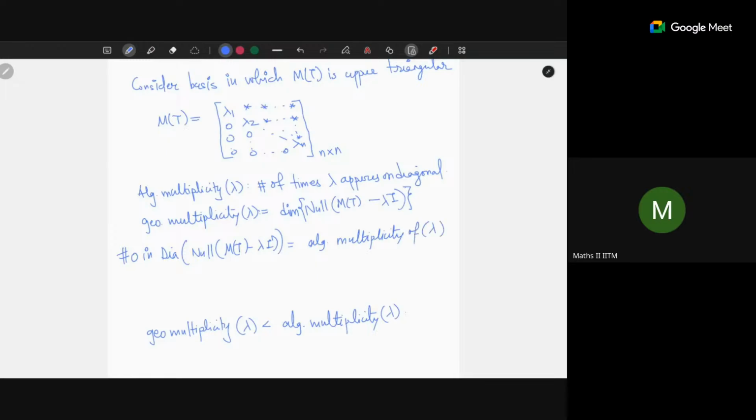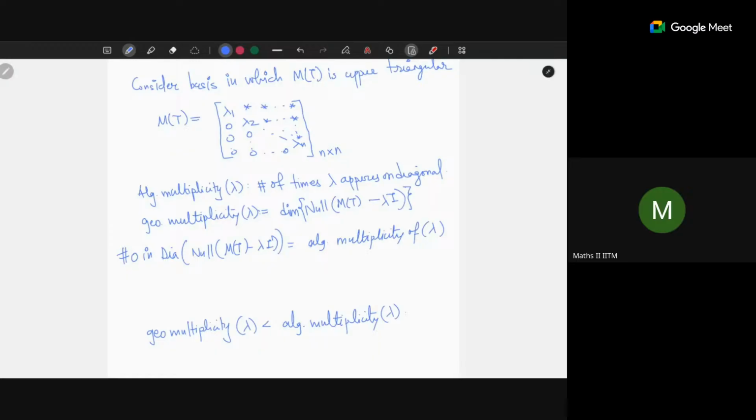The number of zeros that will appear in this matrix will be the same as the algebraic multiplicity of lambda, in the upper triangular matrix you get over here.